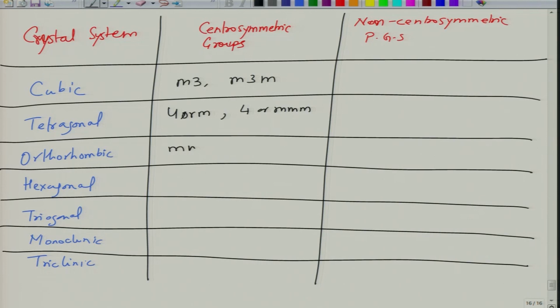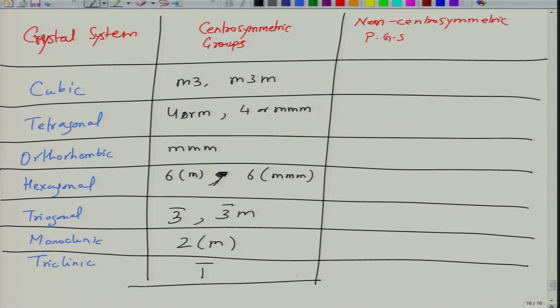Then we have 4/m or 4/mmm, then mmm in orthorhombic, in hexagonal we have 6/m as well as 6/mmm, then in trigonal we have 3 bar and 3 bar m. We have 2/m, and then here we have 1 bar.